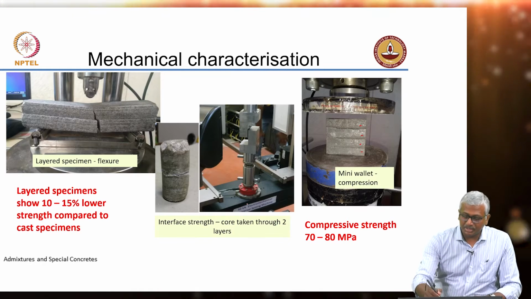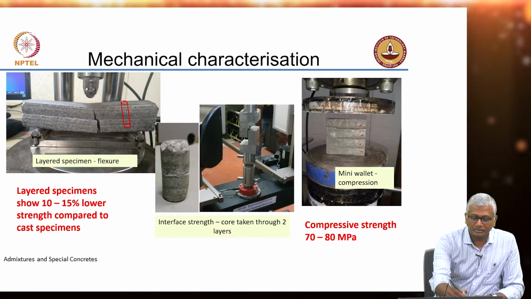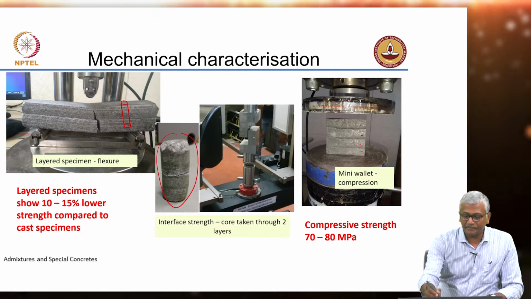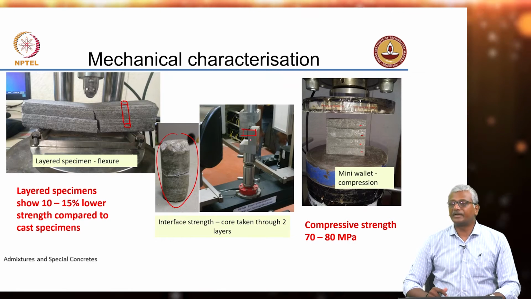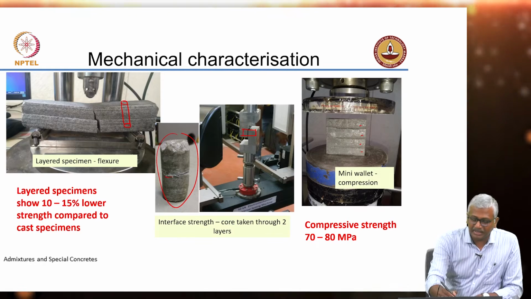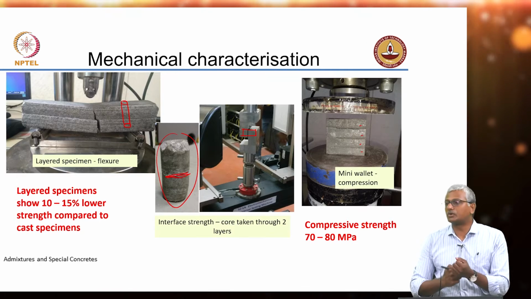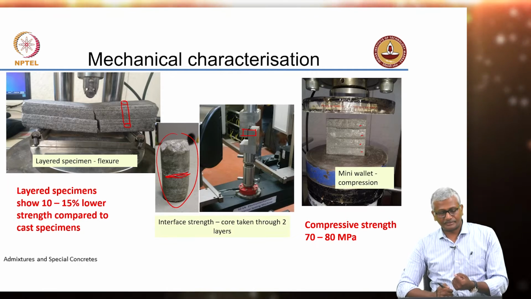The other one was a shear test, where a core was taken through the 3D printed material, and this is the core basically, and this core was fitted in this direction in this modified shear apparatus, and then it was simply pulled apart so that it would break exactly at the interface. That would give a determination of the bond strength between the 2 layers, right.